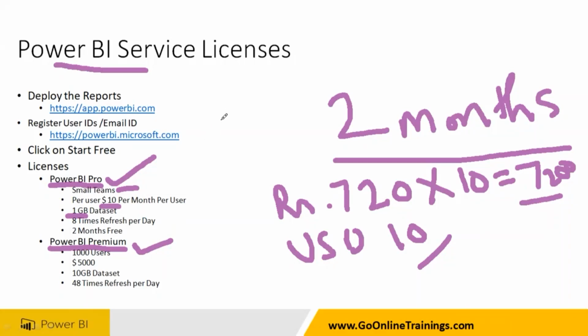My data is approximately 500 MB every month, so approximately 50 MB every annum, not more than that. So for a small team like me, I can go in for the Power BI Pro. Per month, I am going to pay $10 USD. It is not Canadian dollars, it is American dollars. That is what you need to understand.